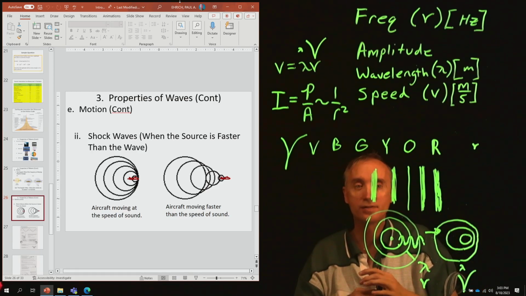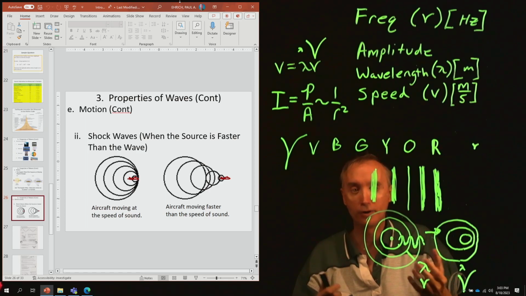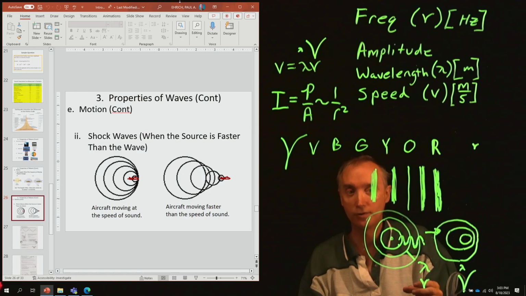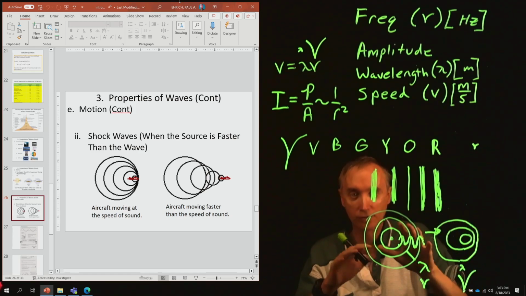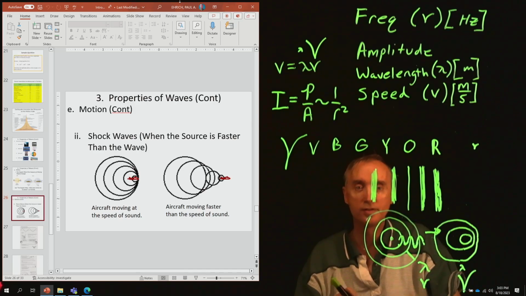And so this is going to make a sound barrier. At first it was very difficult for airplanes to go faster than the speed of sound, because they had to break the sound barrier, and they had to get through all of those waves that were in front of them. And so this is going to make a sonic boom when this happens.